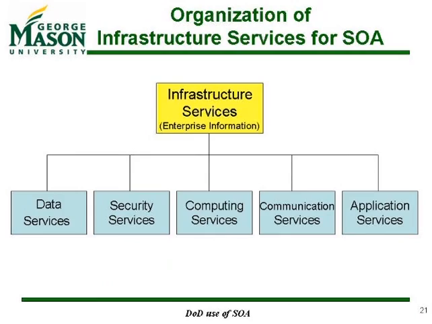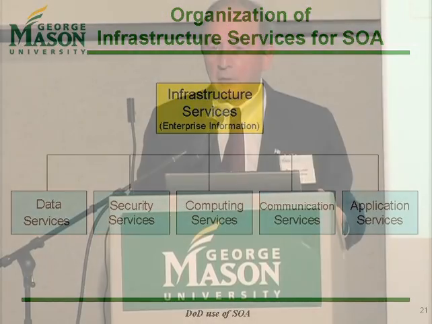Let me just emphasize computing services. That means the grid, the computing grid. It's a bunch of virtualized machines anywhere. It's a cloud. And they're all out there really working together to do whatever people ask for. Communication services and application services. So this is really the master diagram of SOA.